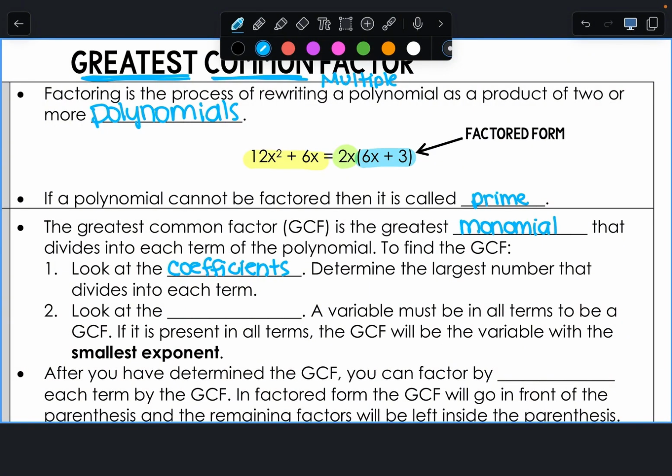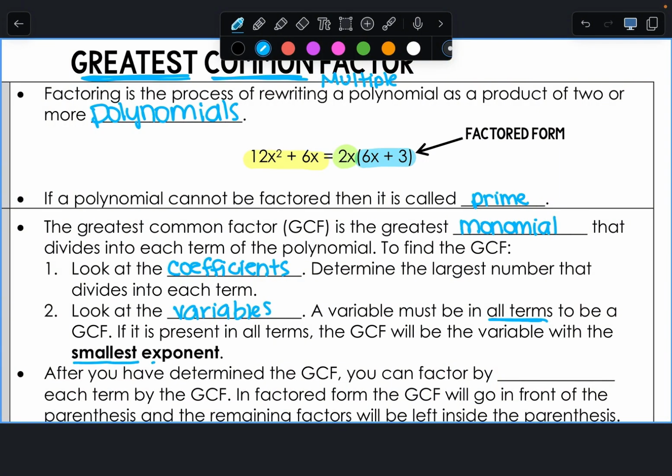Don't act like it's a brand new word. You're going to determine the largest number that divides into each term. You also need to look at the variables. In other words, look at the numbers, look at the letters. A variable must be in all terms. That's very, very important for it to be a greatest common factor. If it's present in all terms, then the greatest common factor will be the variable with the smallest exponent.